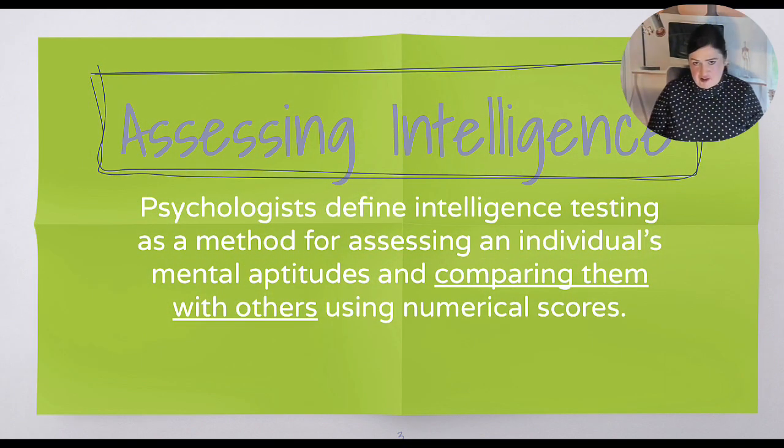Psychologists define intelligence testing as a method for assessing an individual's mental aptitudes, and then comparing those mental aptitudes with other scores. The comparing to others part is a little bit fishy at first. However, we're going to try and suss it out by explaining how it came to be, and each of the famous theorists who followed the other.